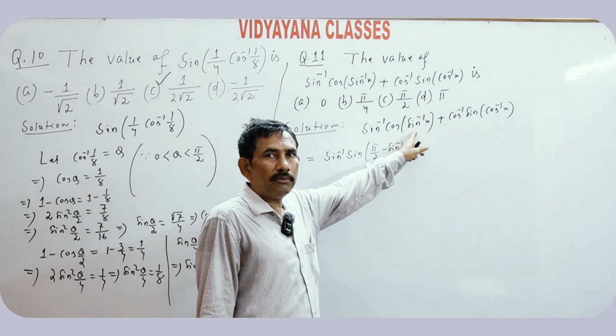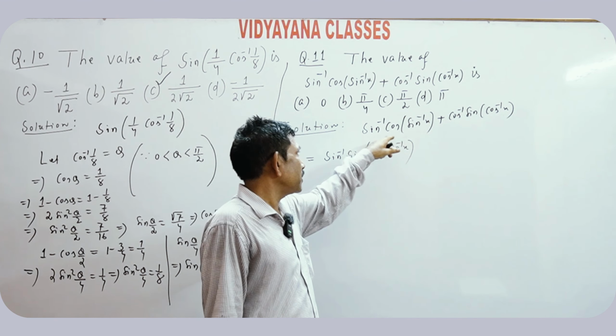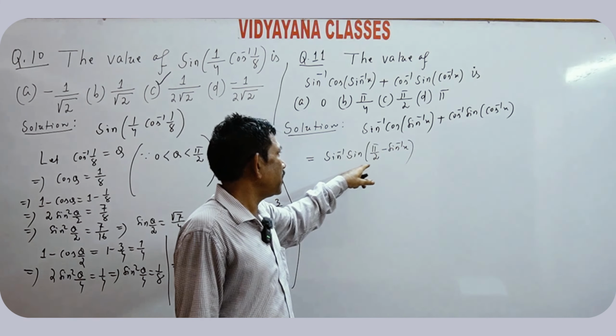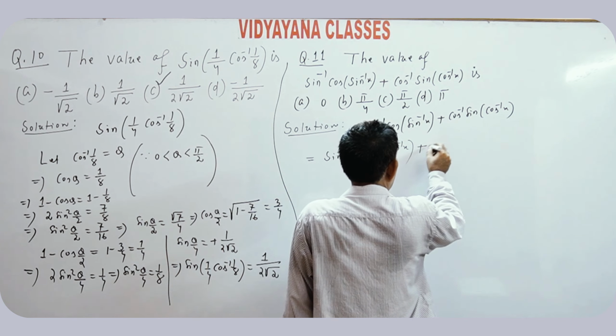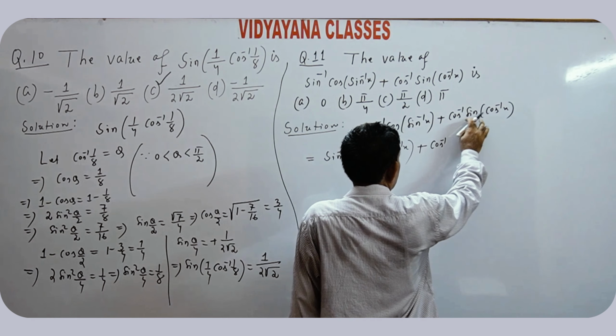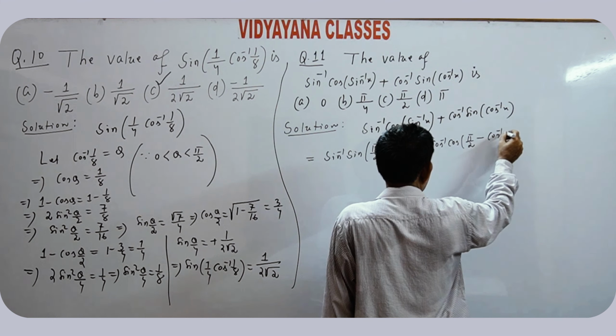All inverse trigonometric functions are radian angles, taken as theta. Cos inverse sin theta can be written as cos inverse cos of pi by 2 minus theta, where theta means cos inverse x.